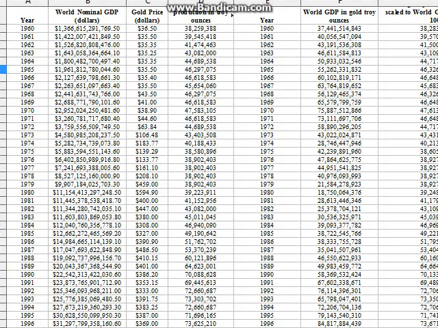We started having these gold runs on the London gold pool, and the Bretton Woods system was already collapsing at that point. But especially after 1971, you cannot rely on dollars to tell you honestly how much GDP growth there has been, because dollars have been inflated and the currency has been depreciated.